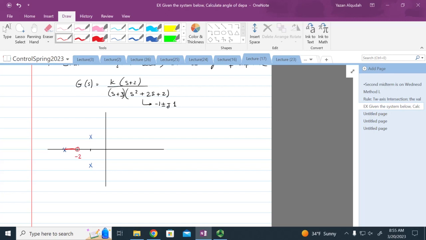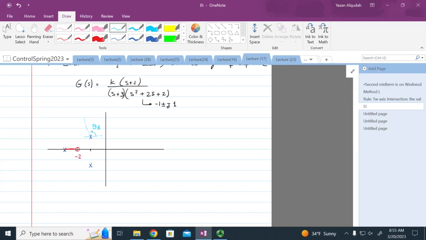So this is going to go to a 90. This is going to go to a 90. Isn't it? But what I want to know is how does this go to the asymptote? So this is going to be departing like this, going to the asymptotes, I want to find this angle here. What is this angle? The theta departure.